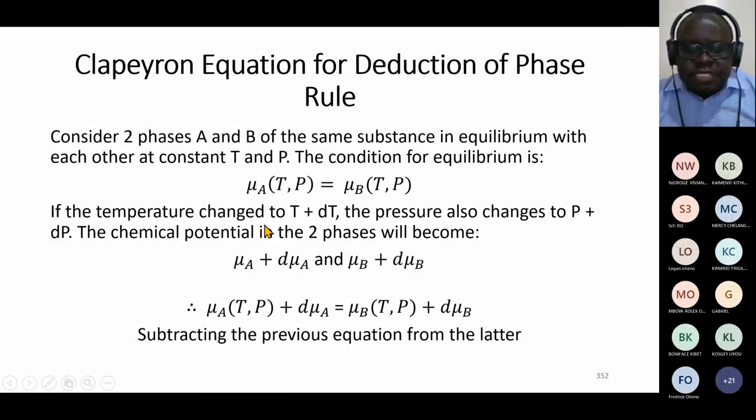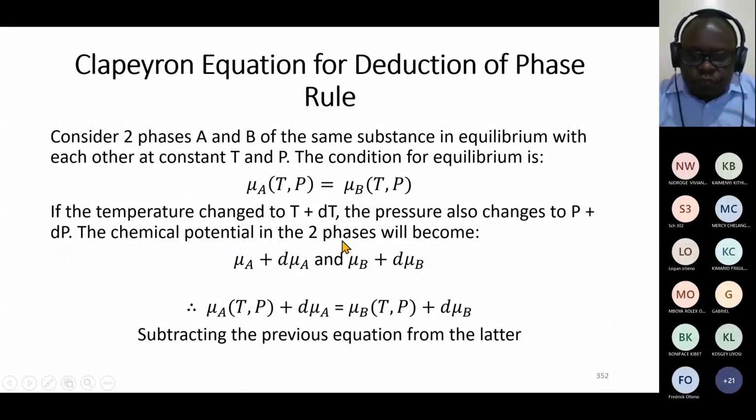Now, if the temperature is changed by a small amount to T plus dT, the pressure also is going to change to P plus dP.